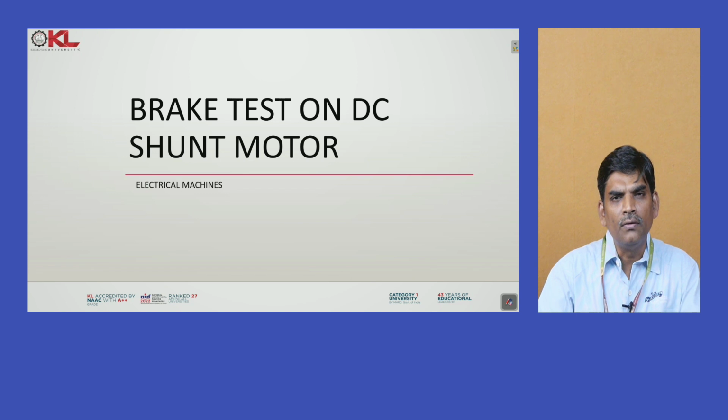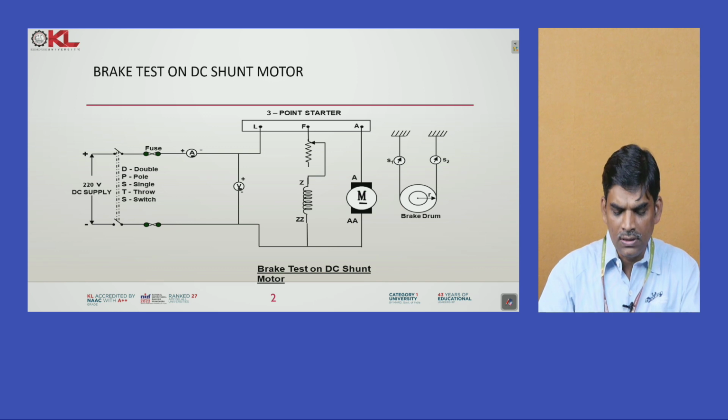So if you want to find out the efficiency of any machine or motor, first of all you find out the output and input. The main aim of this test is to determine the efficiency of a given DC shunt motor. This is the circuit diagram for the DC shunt motor.